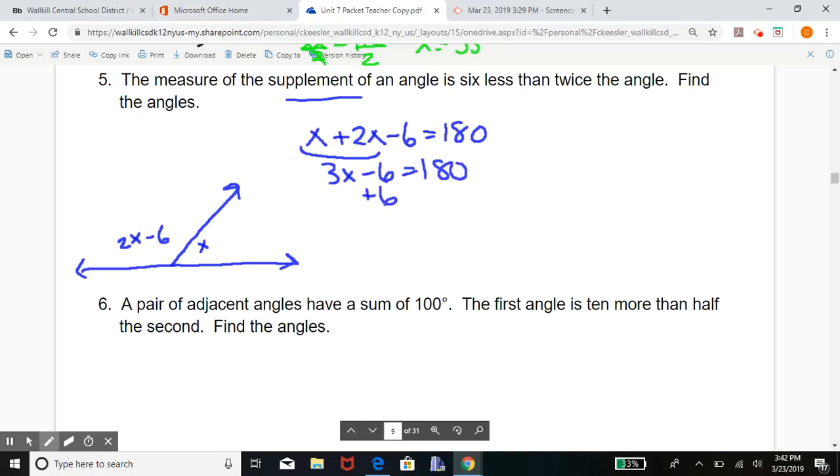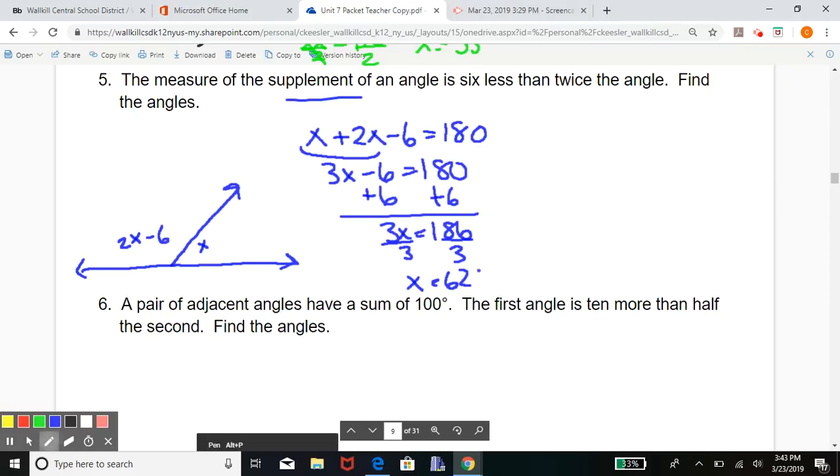Adding 6, 3x equals 186. Dividing by 3, x equals, think of it this way, 3 goes into 18 6 times, and 3 goes into 6 twice. So x is 62 degrees.